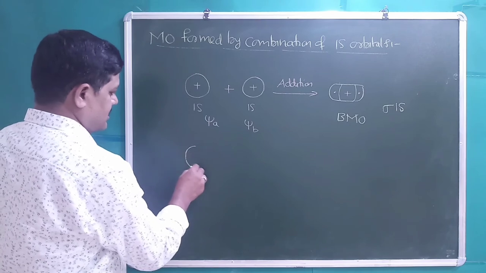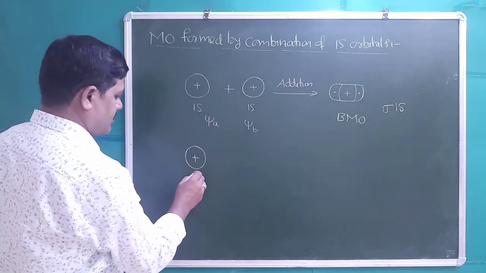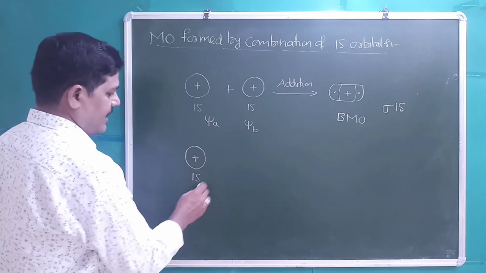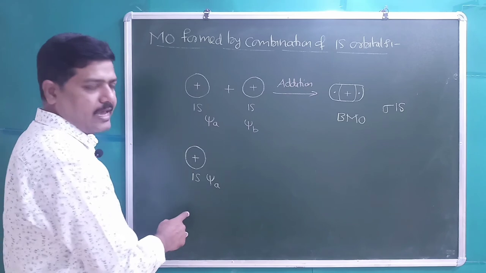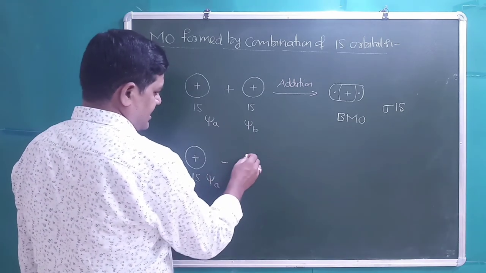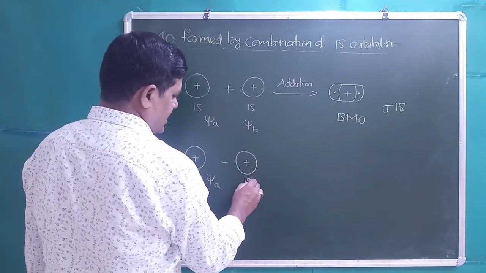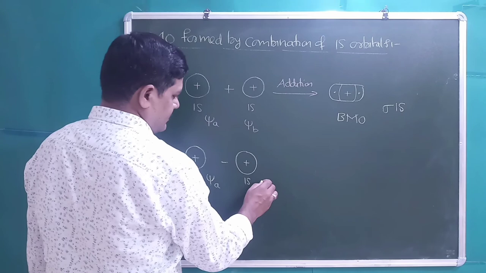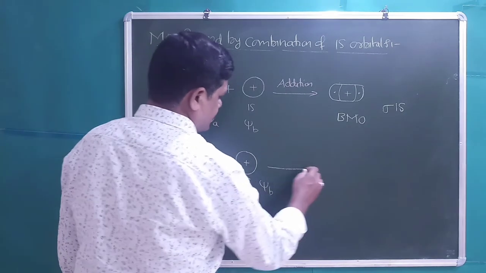Whereas in subtraction overlapping, this is a 1s orbital of one hydrogen atom which has a wave function psi a, and this is a 1s orbital of the other hydrogen atom which has a wave function psi b.